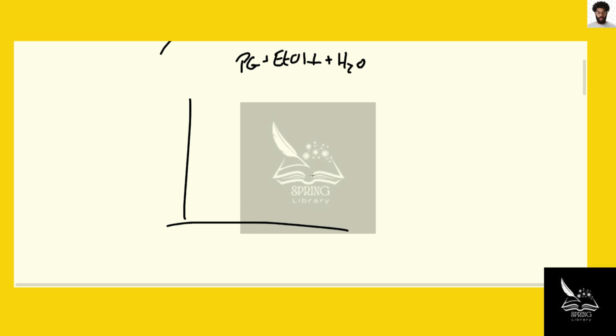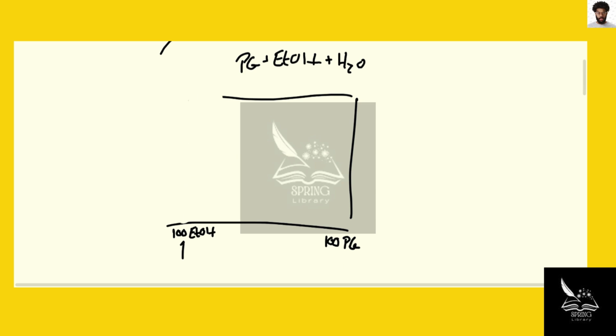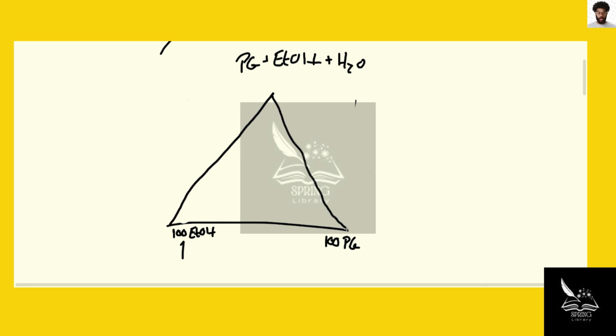So on the left will be 100% ethanol, and on the right will be 100% propylene glycol. And on the top will be 100% H2O.